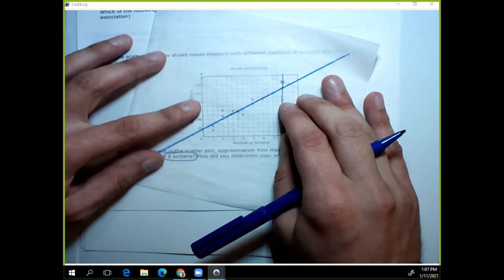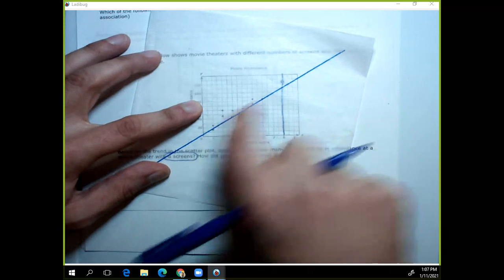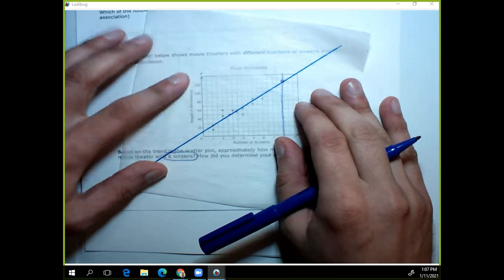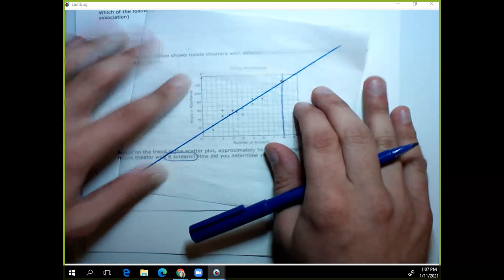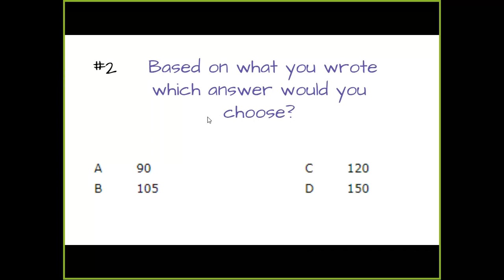So even if we move a little bit to come down here, then it's not representing a middle point between these ones up here. So we would have to move up a little bit. So it's going to be around a little bit over 120. So with that, we're going to go back to the slides. Based on what you wrote, which answer would you choose?